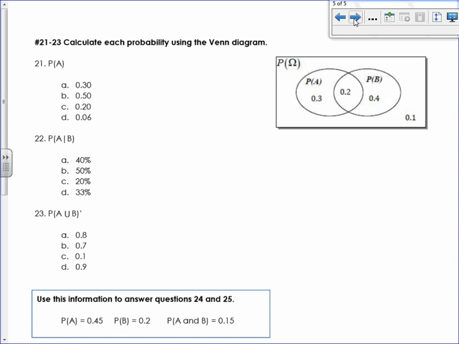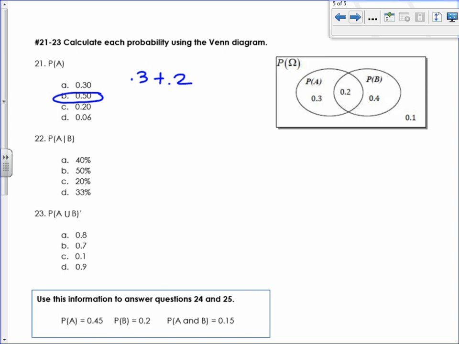So it's not going to be listed twice if it's being shared, okay? All right. So for number 21, it says probability of A would be 0.3 plus 0.2, which is 0.5. So 21 is B on this test, and on the other test, it is D, as in Dawn.